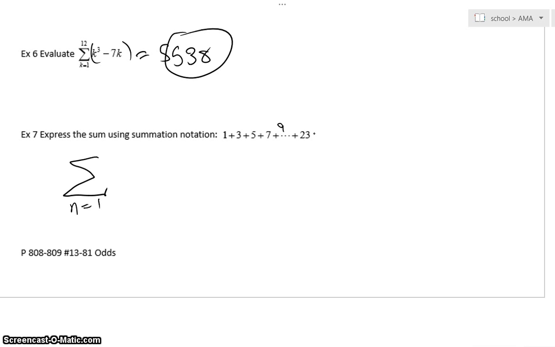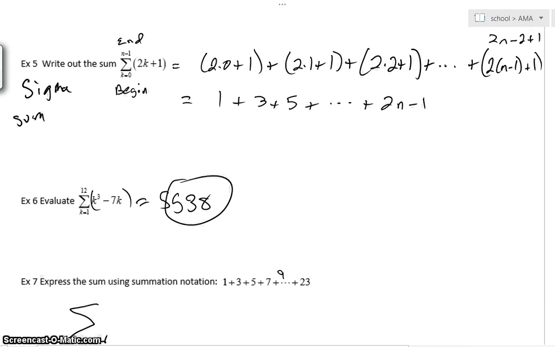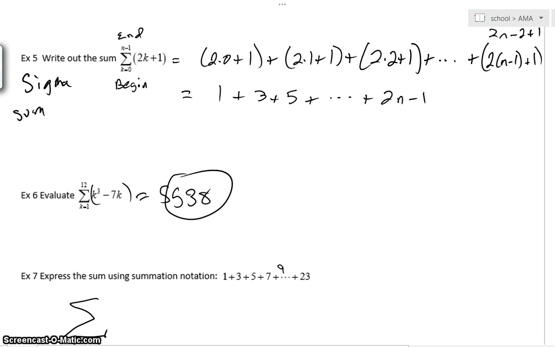And you might wonder how on earth you can represent odds. By the way, if you're really on your toes, you're going to say you just did that a moment ago in example 5. And you could say, well, that was 2k plus 1. Please remember, though, that was starting with k equals 0. I want to talk about 2k plus 1 real quickly.